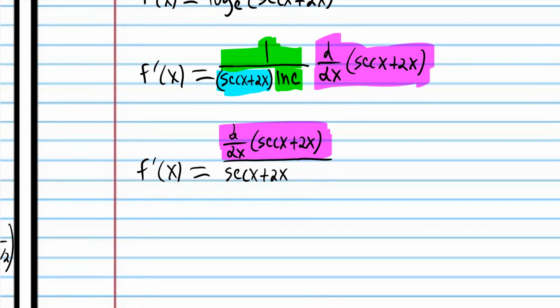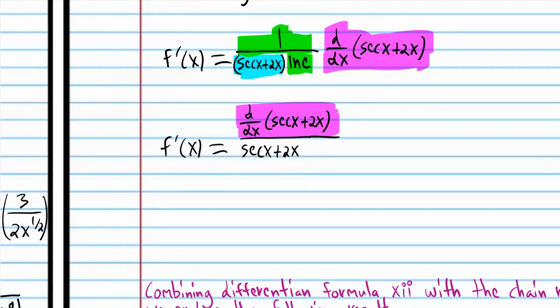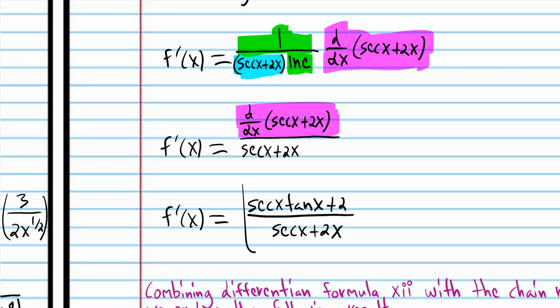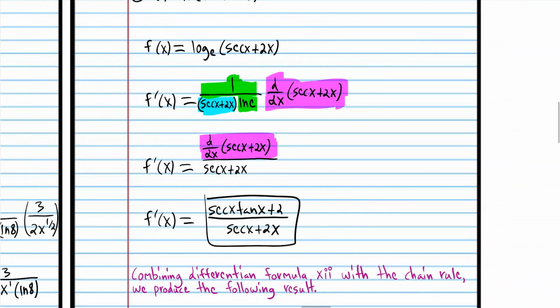That's perfectly legal. So the final answer is secant x tangent x plus 2 over secant x plus 2x. So that is the final answer.